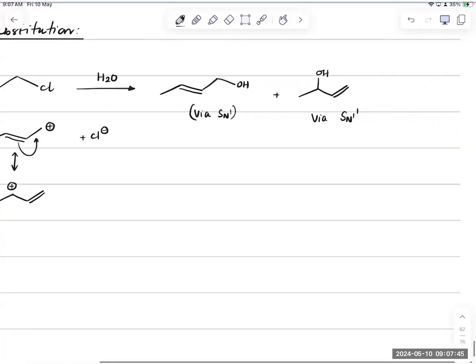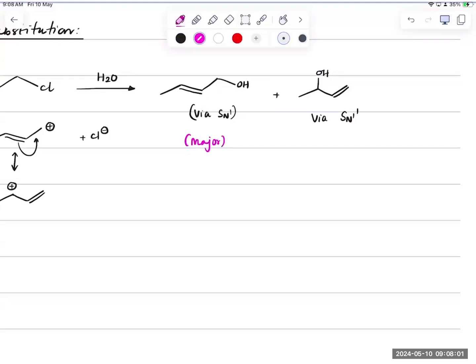Generally, in such cases, it all depends upon the solvent. Suppose the solvent is water, which is highly polar. Then the major product will be this one, and the minor product will be this one.